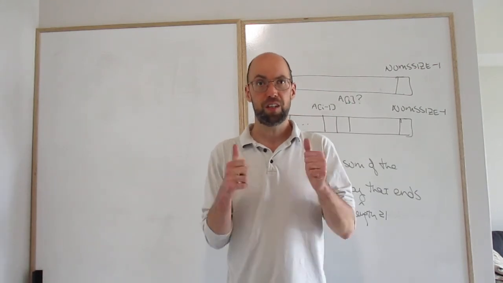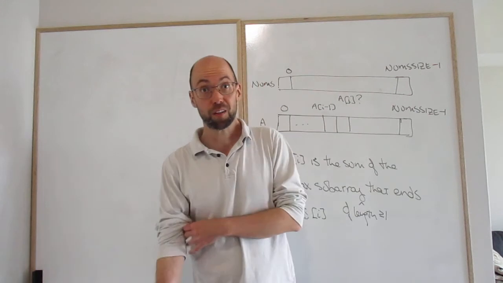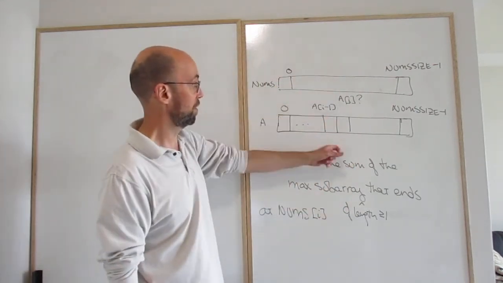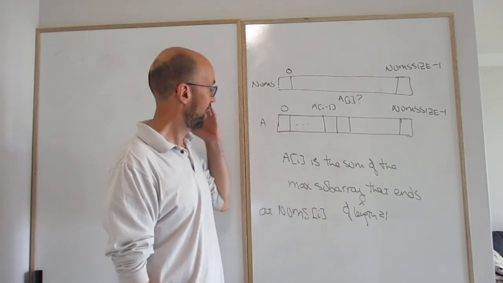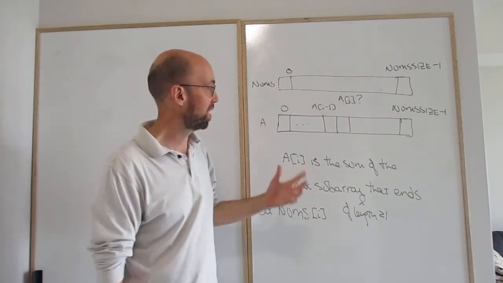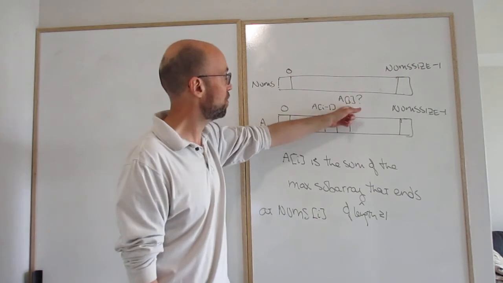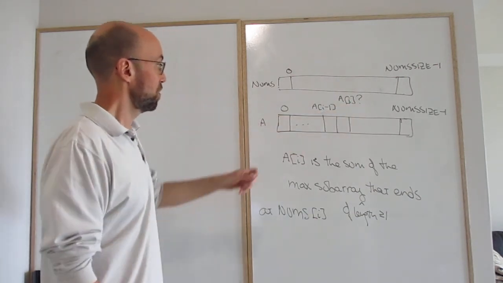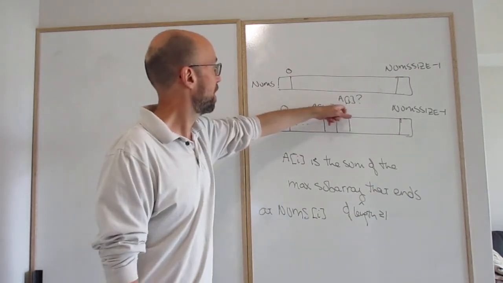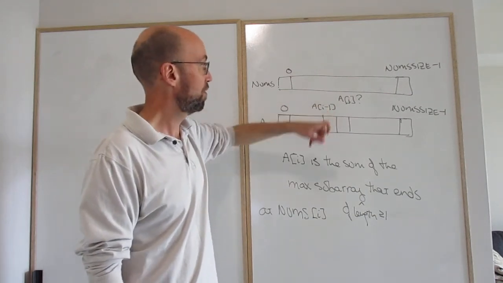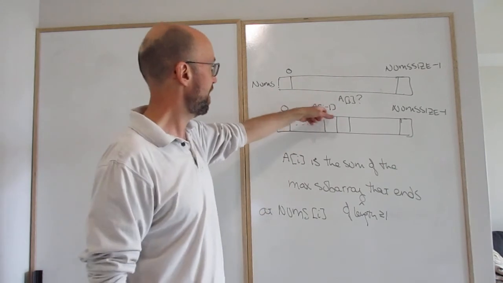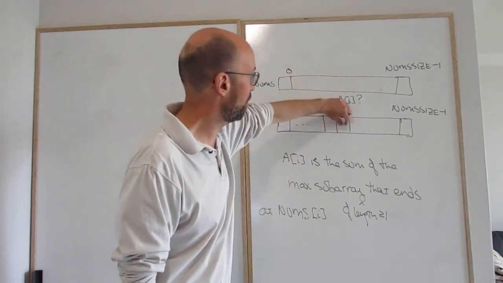Yay, reductions. So once you've figured out, I would tell you, but it's not hard, and I have 1 minute left. This is not how you get AI. I don't have time to write. You look at AI minus 1. If this is positive, then you can get more by taking whatever ended here and this.